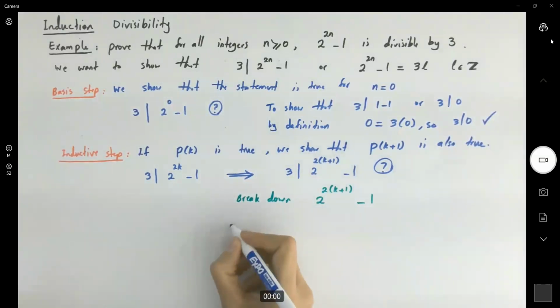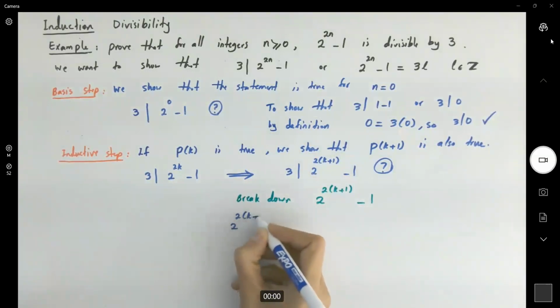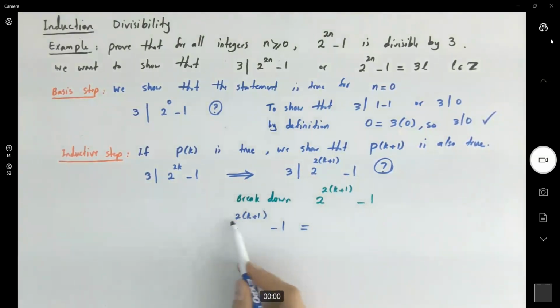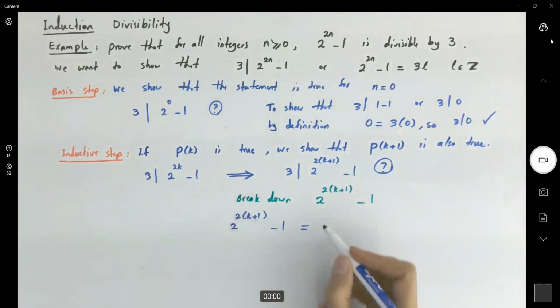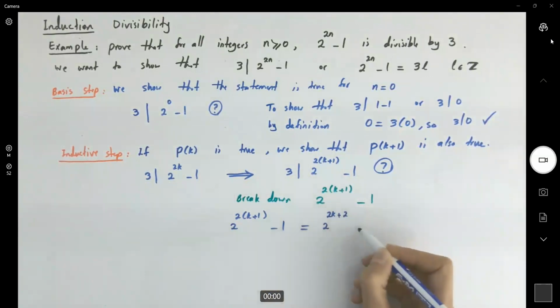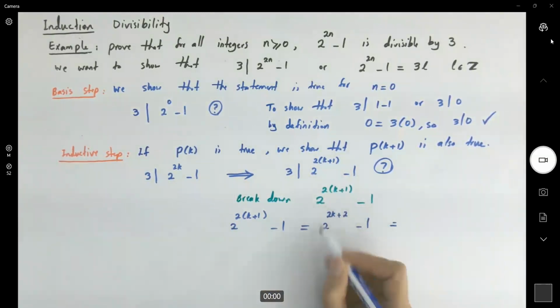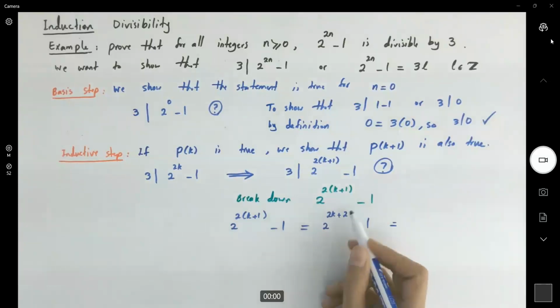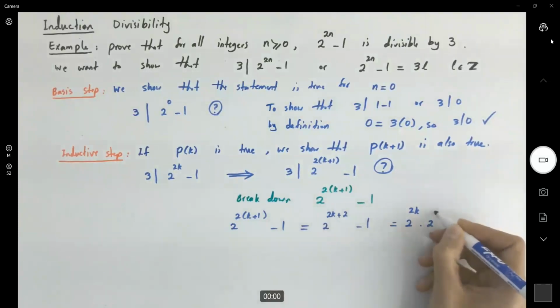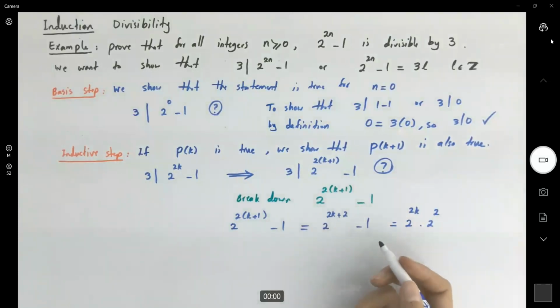This guy is equal to, so just go back to algebra. Distribute 2 into parentheses. You get 2 to 2k plus 2 minus 1. But what is this number? This number is 2 to power 2k times 2 to power 2, just the basic algebra.